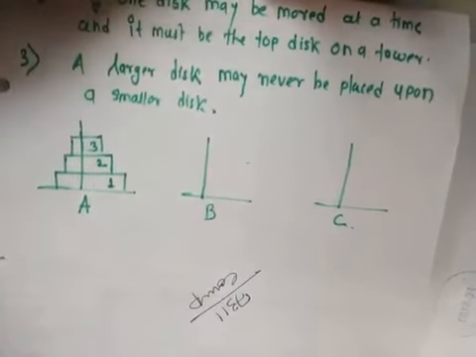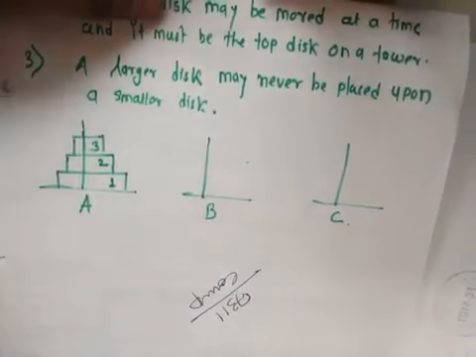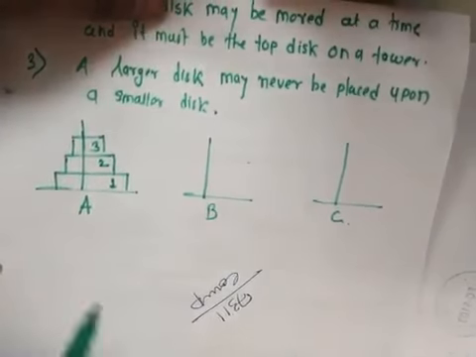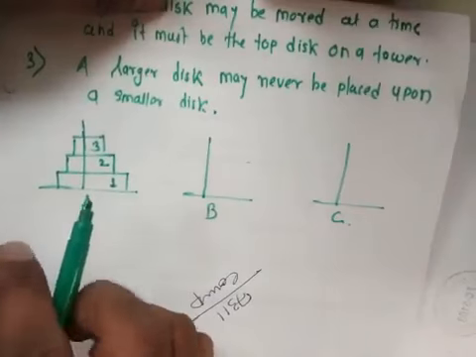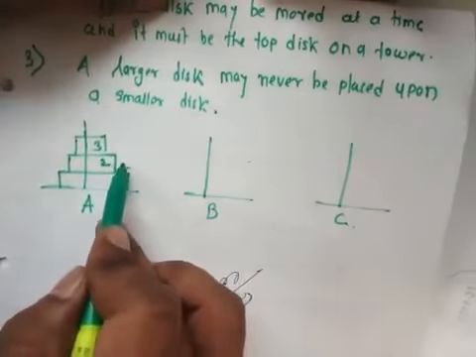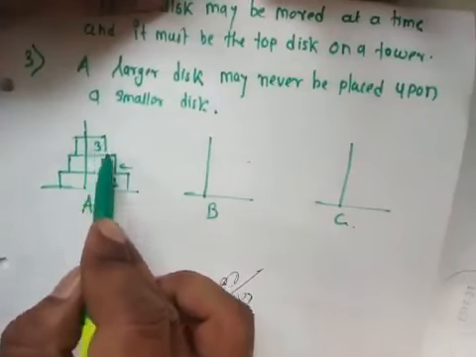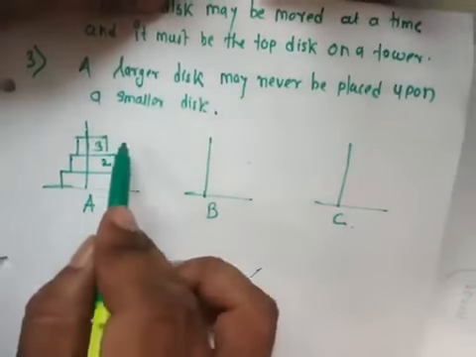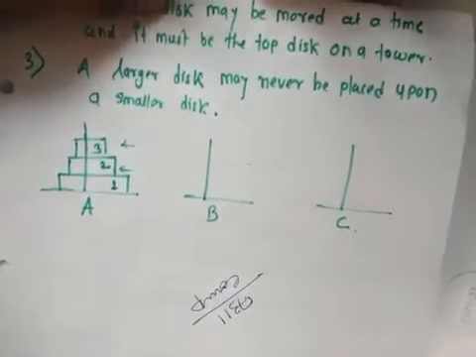At one move, we can move only one disk at a time, and also that is only the topmost disk. You cannot move disk 2 when there is one disk on the top of it. We can move only the topmost disk.